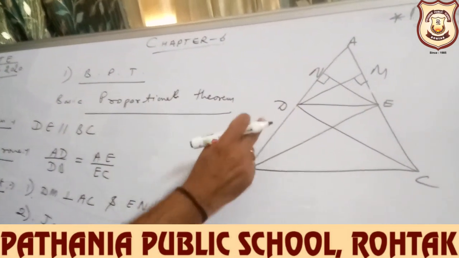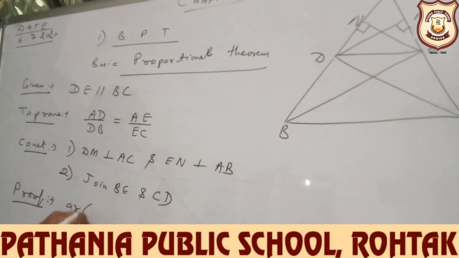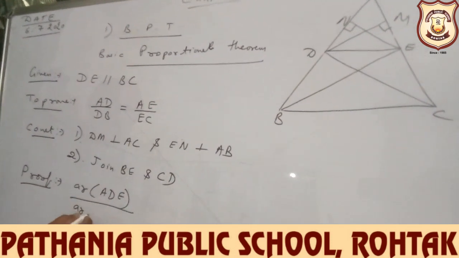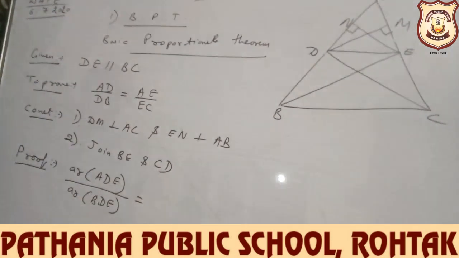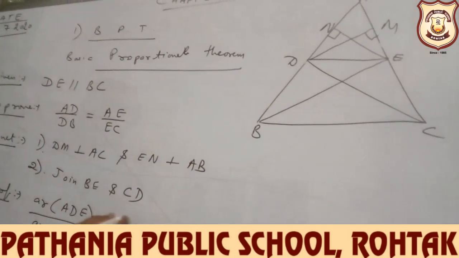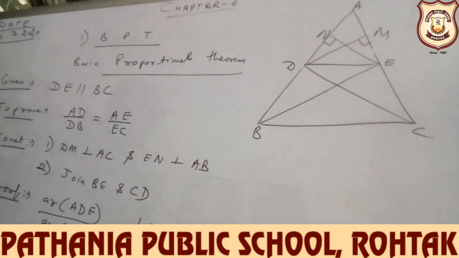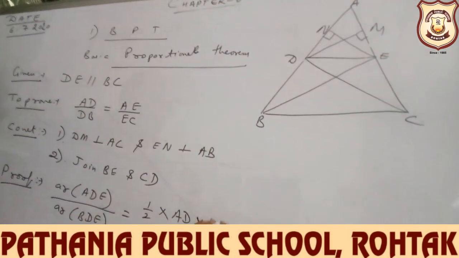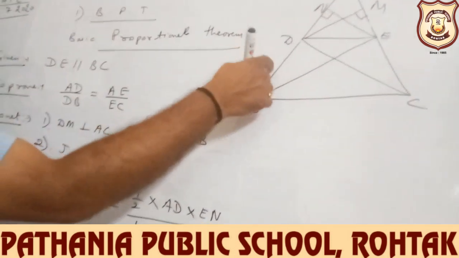In proof you can write, one time this side you can consider AB. Two triangles are there on base AB. Area of ADE upon area of BDE equal to half into base, base is AD, height is EN.